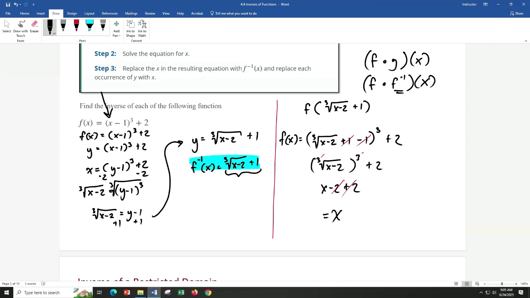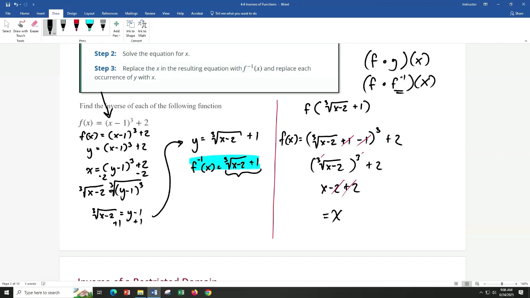You can always plug your inverse back into the normal function, and you will always come back to an original x, okay, if you did the right math. The hard part is sometimes that's some algebra in there you got to remember, right? Okay. Once again, a good skill to keep. We good? Okay.